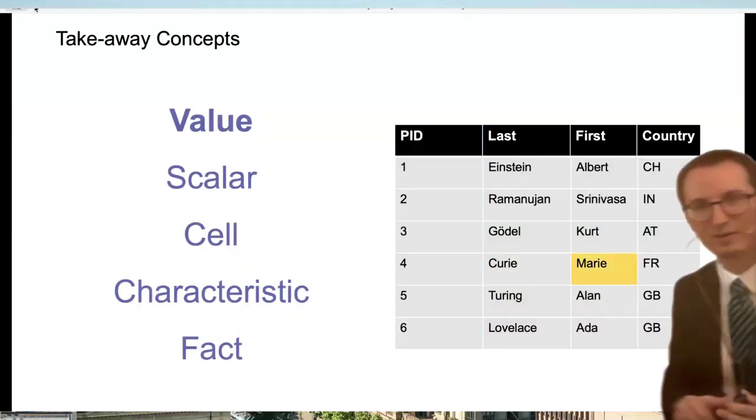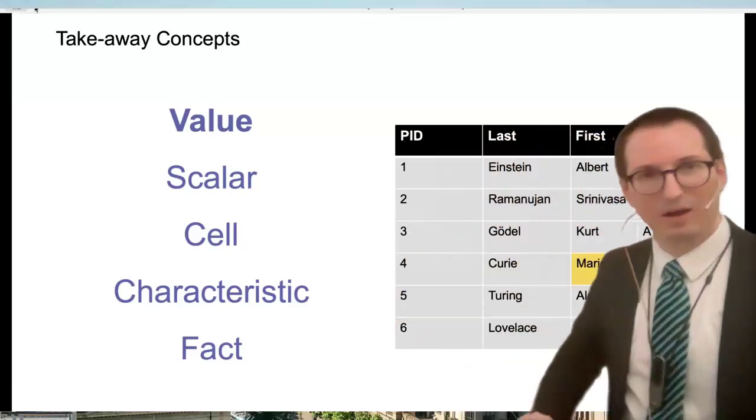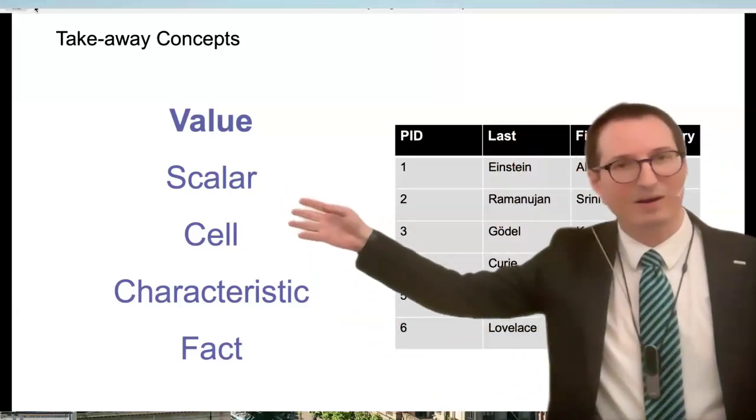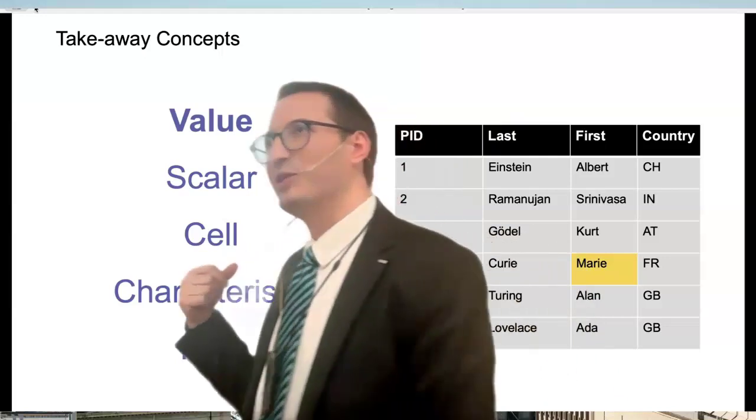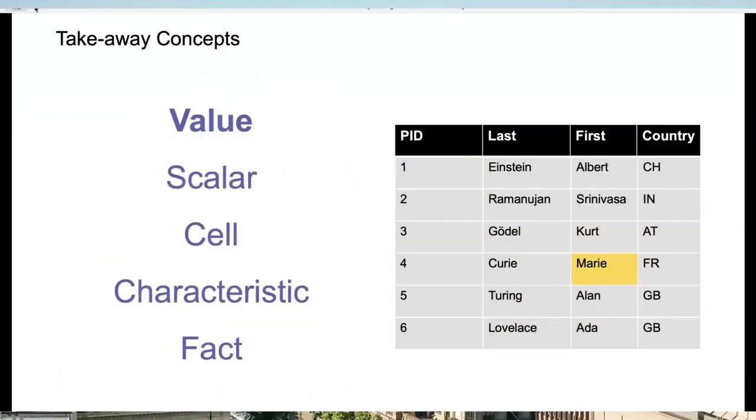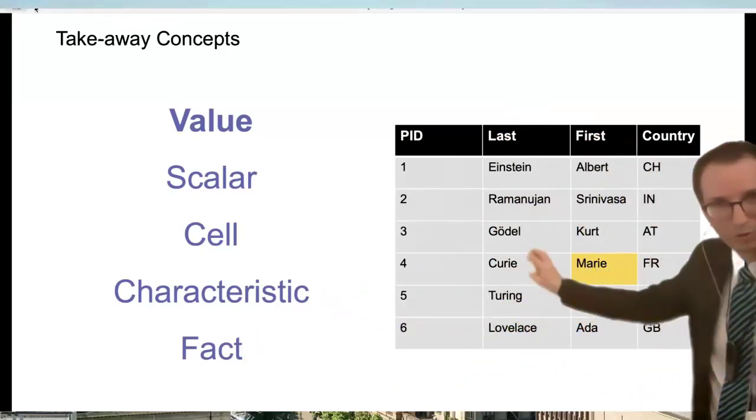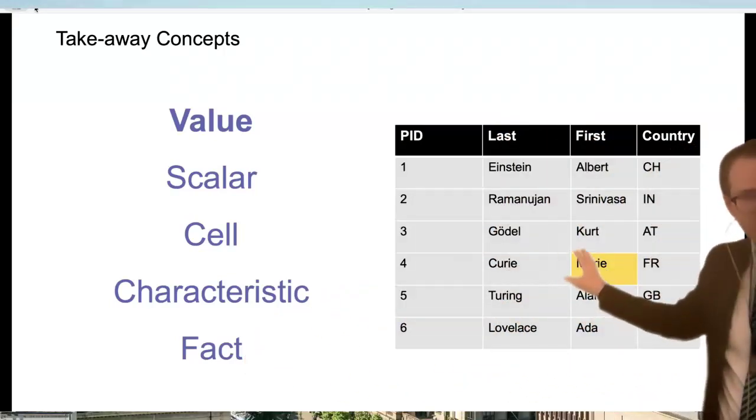And then we have the single values. Some people call them scalars. If you're a mathematician, it's a little bit like vector spaces, where there are the vectors and there are the scalars. With tables, it's a little bit the same. There are no vectors, but there are tables. So you have the tables and the scalars. And the scalars are really just the individual values. We also call them atoms.